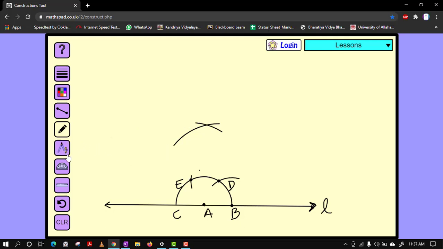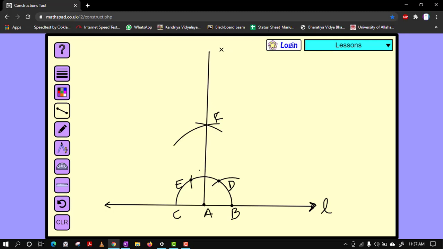So let me call this point as F. Now let's join A with F, and this is your required perpendicular on the given line.